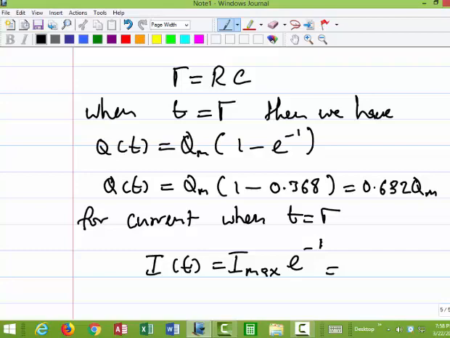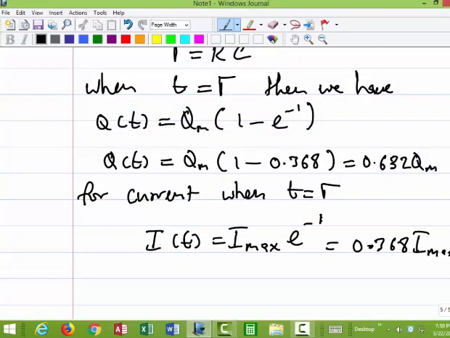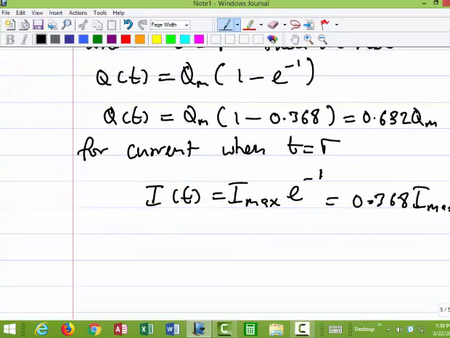The current is 37%, not 63%. So when the time is one time constant, the current is 37% of its maximum. Okay. Any questions on this?